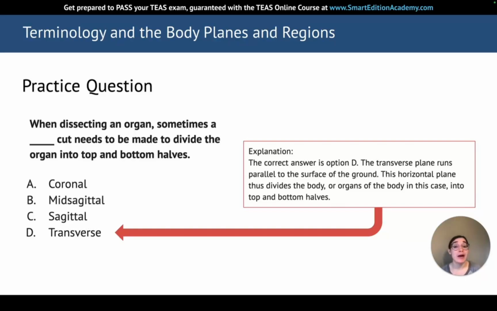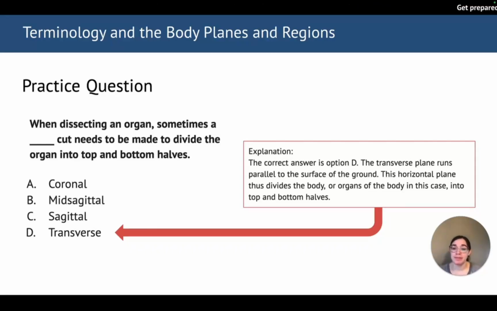And that's the value of all these different ways of organizing and sectioning and breaking down the body, is that we can really zoom in on different parts and learn the minute details of that part by being able to break it up in this variety of ways. So transverse is our correct answer because it is a horizontal plane and we're being asked to divide an organ into top and bottom halves.